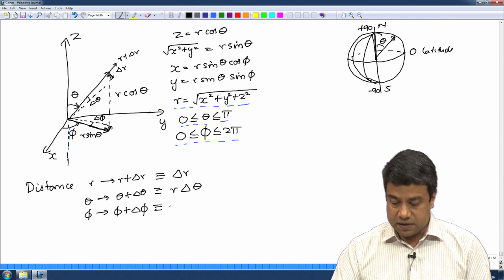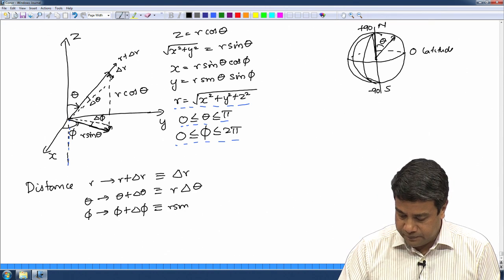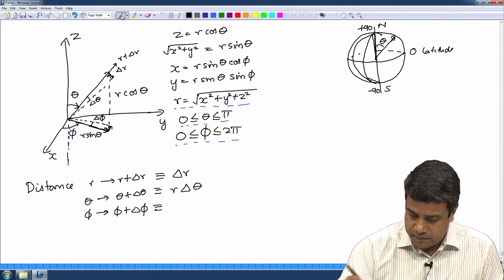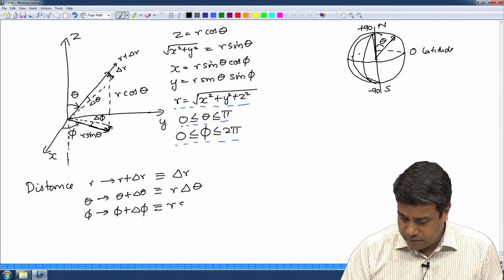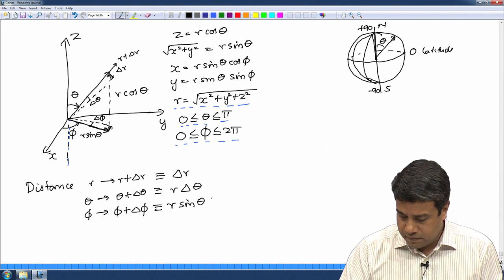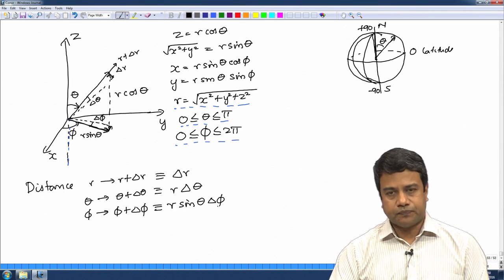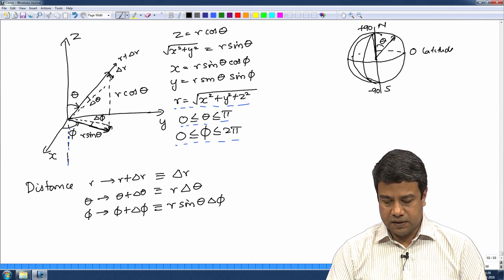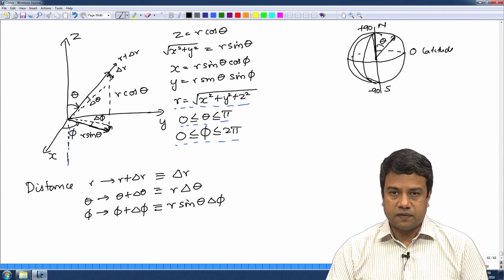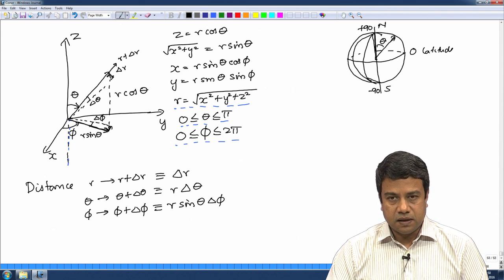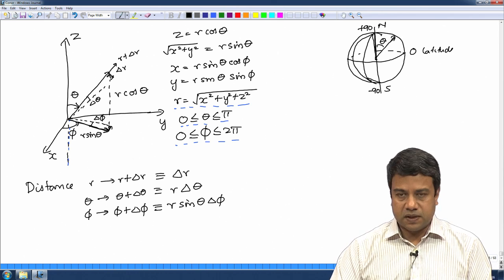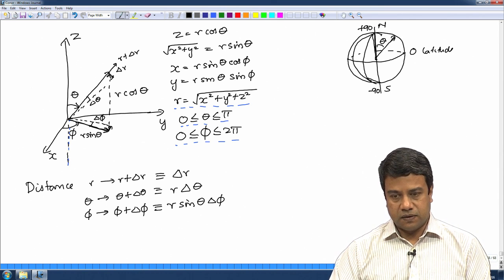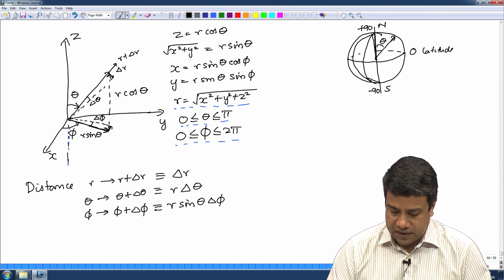The radius in this case is r sin theta. So, those are the distances that are travelled. And obviously, for any differential volume that you construct, the 3 distances of that volume will be these 3.